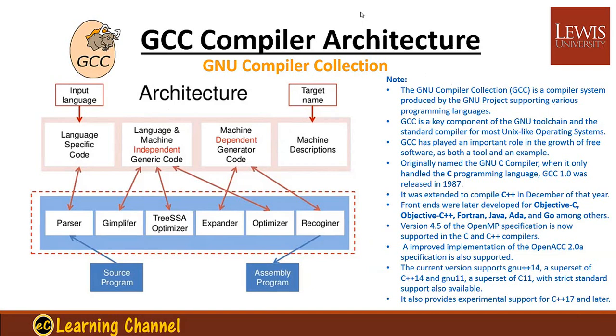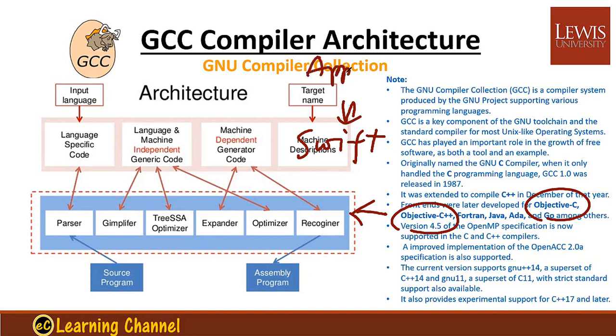Objective-C is important because it's taken by these two. C++ is taken by what? It is actually a precursor for the Swift language. So actually, Apple is using it. Right?